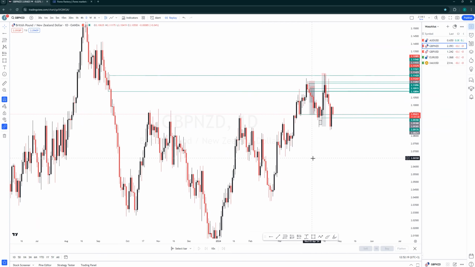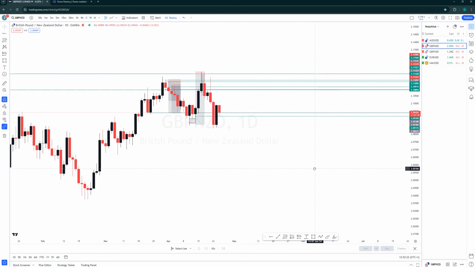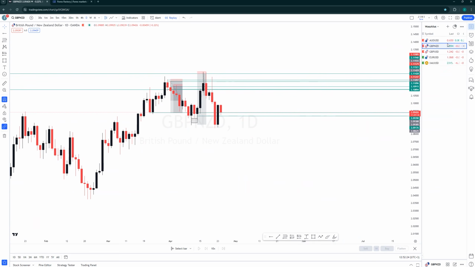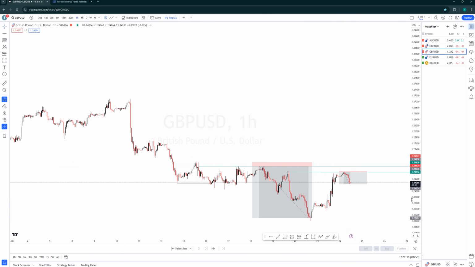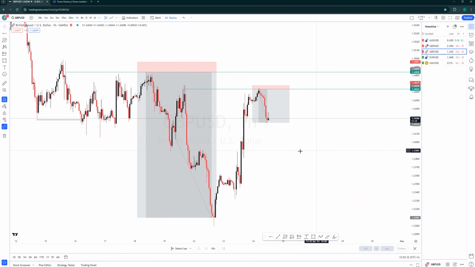But the next entry will be the GBP USD seller entry. We took this trade from the 1 hour time frame, but also, if you're my followers, I think today I posted this entry.